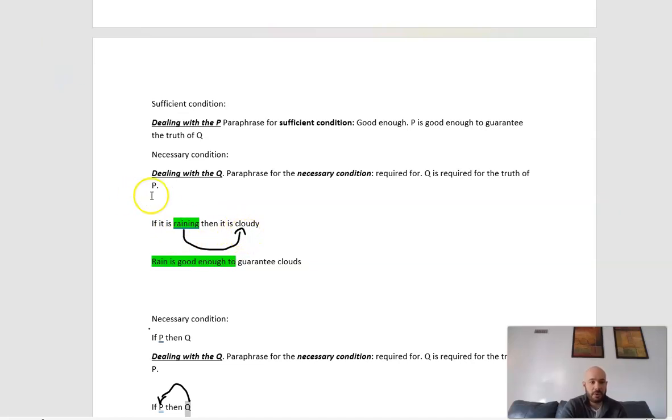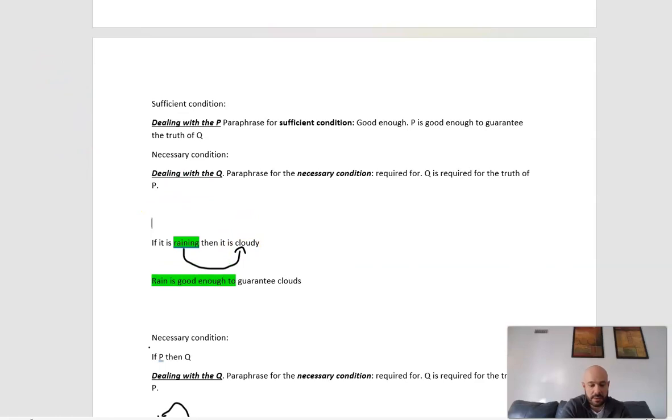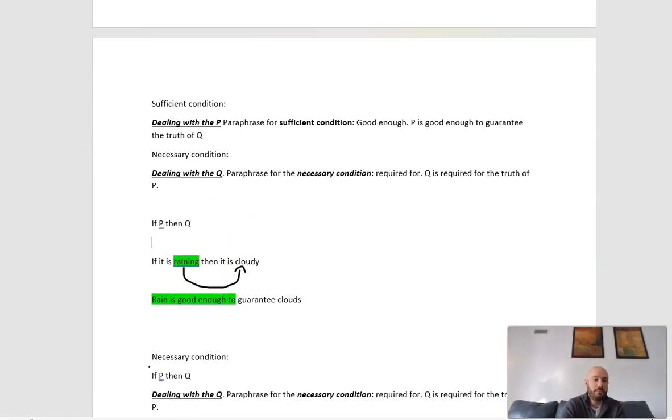If I remove my marker for a second and we consider this: P is a guarantee of the truth of Q. And one reason might be that Q is a requirement for P. So if I don't have Q, I can't have P.